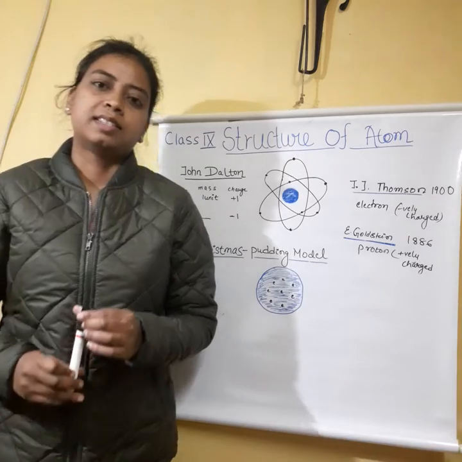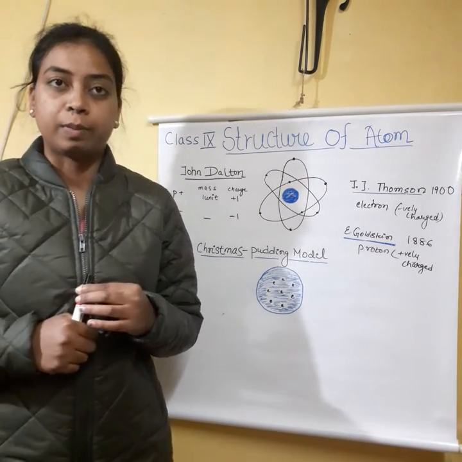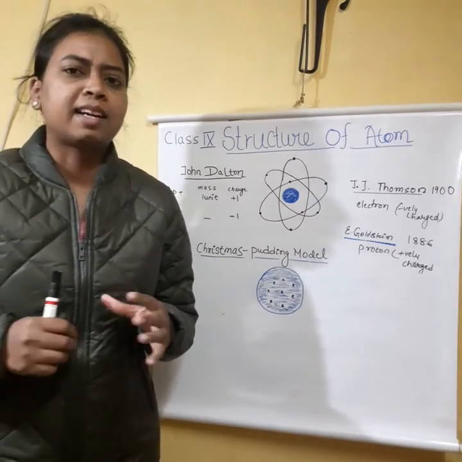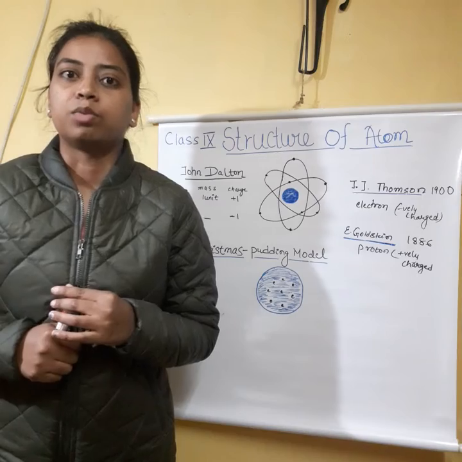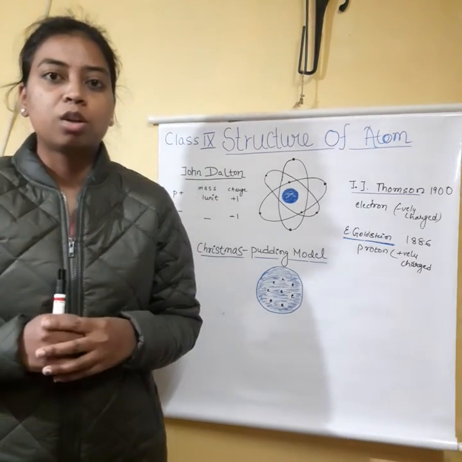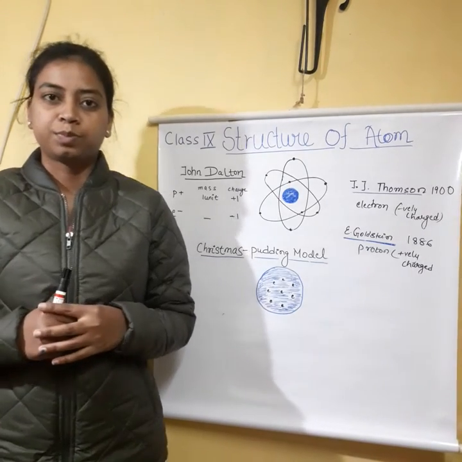After the discovery of the electron and proton, these two subatomic particles, many scientists were curious to know the structure of the atom, to know the exact arrangement of these subatomic particles inside an atom.